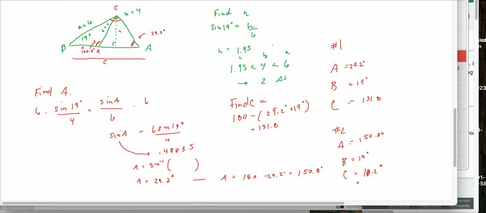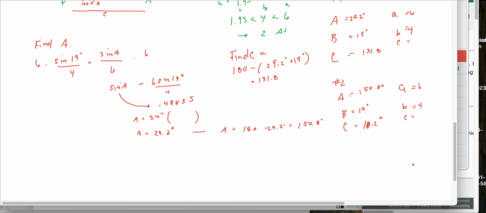We just now want to find, let's see, what else do we need? We need side C, right? So let's do that. So we have A, B, and C for both triangles. A and B were given, right? So this is 6. B is, excuse me, 4. And C is what we're looking for. Okay, so we can do that. So we'll set up one last law of sines.